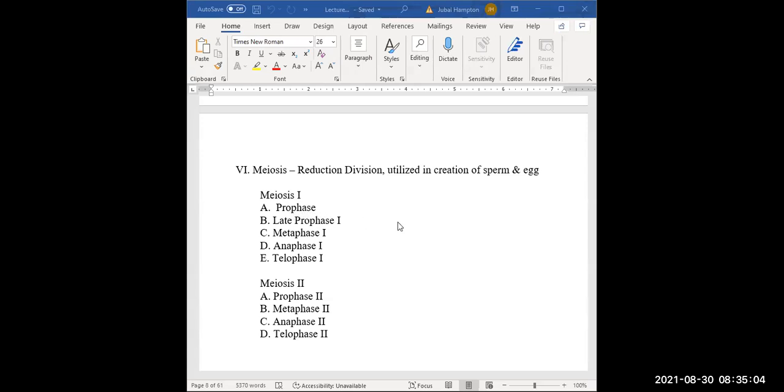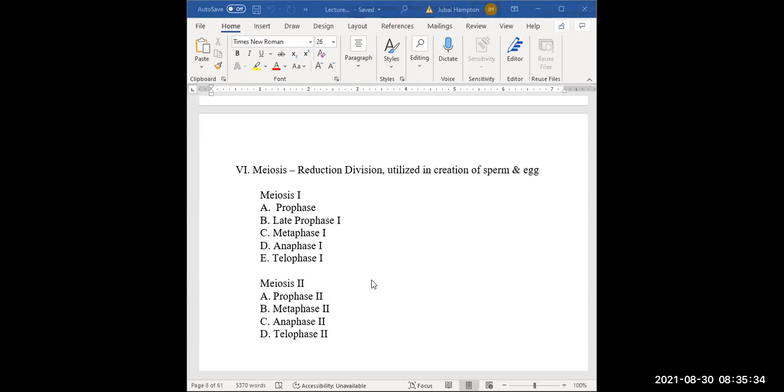Meiosis 1, for women, occurs prior to birth, forming the egg. Meiosis 2 is finished off as the woman begins to ovulate, as she begins to ripen each egg, then meiosis 2 is completed.